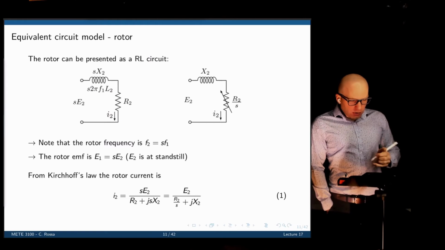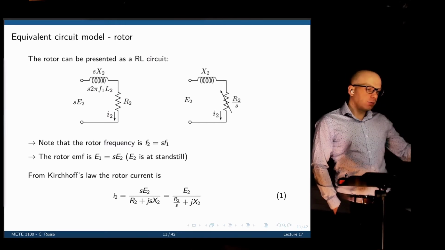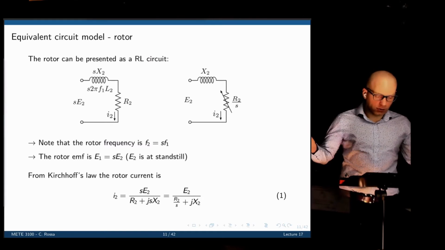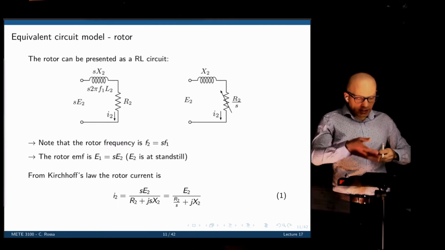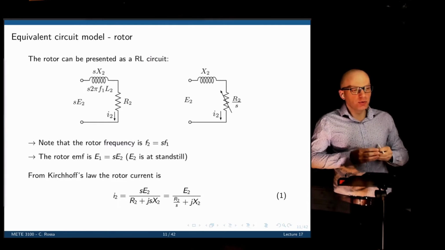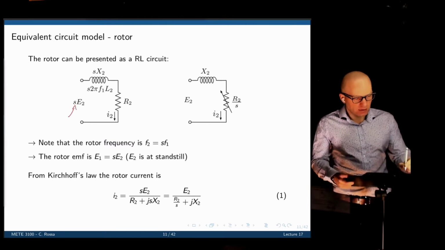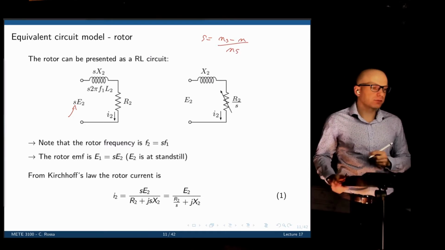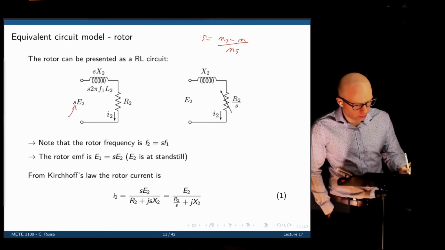Now, something to consider here is that if the EMF in the first case at the output of the transformer was E1, that E1 was at the input frequency. At the rotor side, if there is anything induced here, it will be induced at the slip frequency, at the slip S, that we defined as Ns minus N divided by Ns, the relative difference in speed between the stator and the rotor.